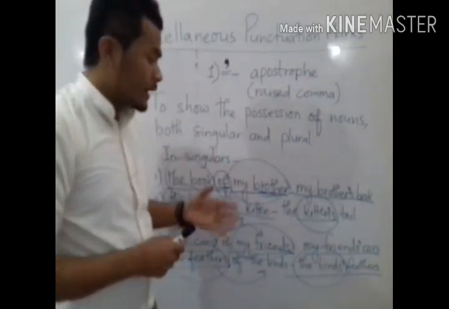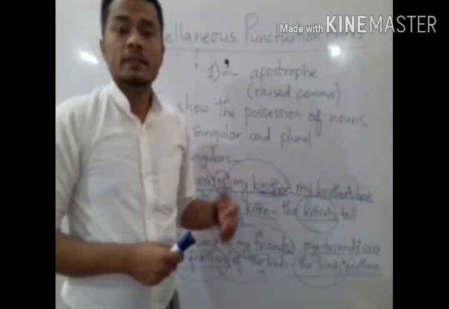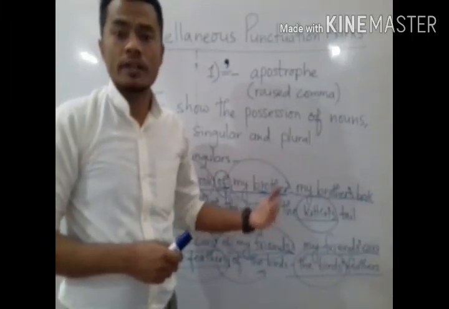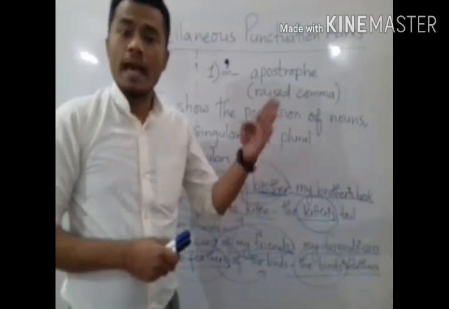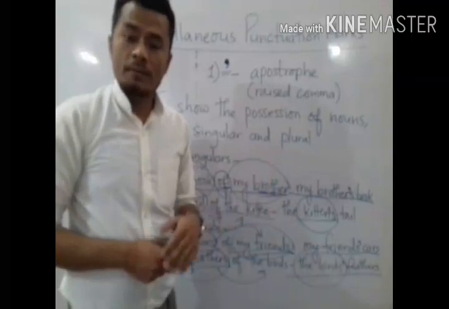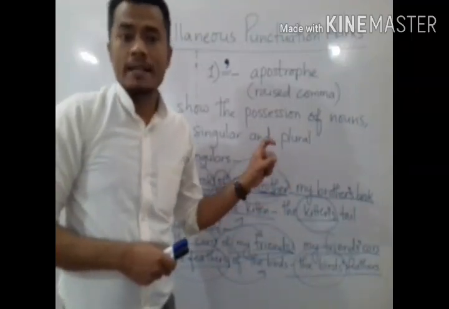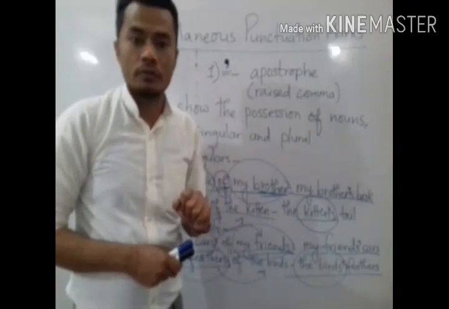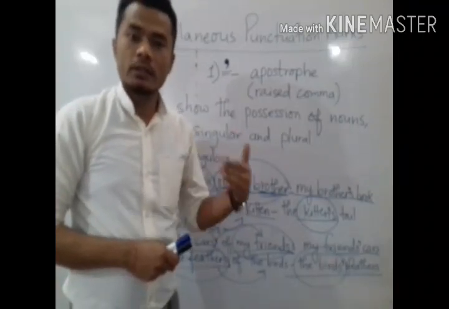Like I told you, if the nouns are singular, we have to put apostrophe s after the singular noun. If the nouns are plural, then we have to write the plural noun completely, and then use an apostrophe.